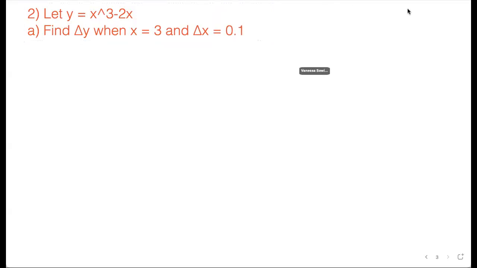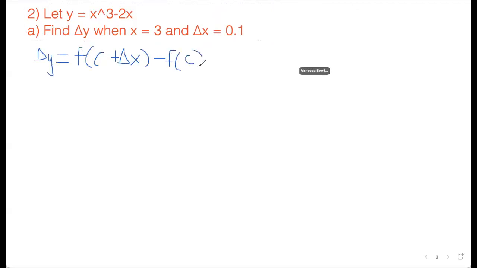Okay, so first thing, let's go back to our formula that we had. It was the change in y equals f, the function at c plus change in x, or delta x, minus the function at c.